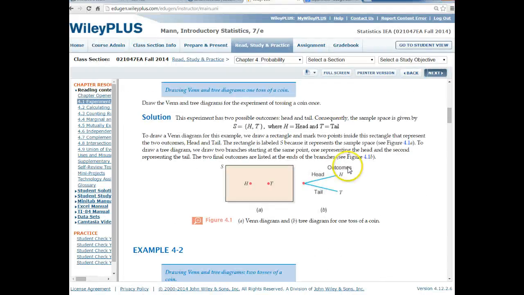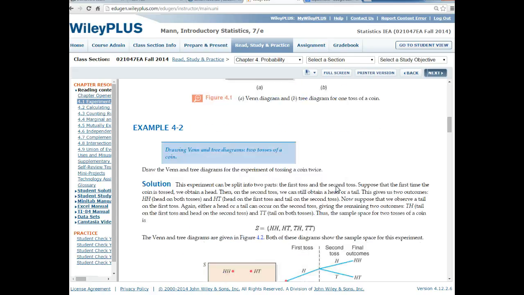So, we can make this kind of, to get the sample space, when you toss a single coin, we know the sample space is H and T. So, you can make this kind of tree diagram to see the sample space. That's not so clear, actually.